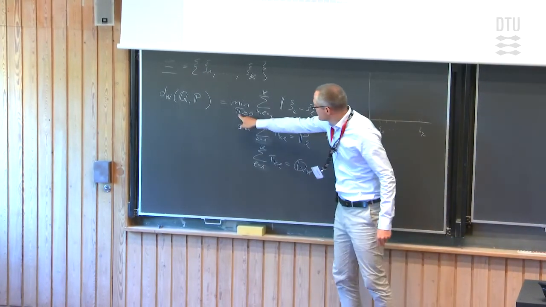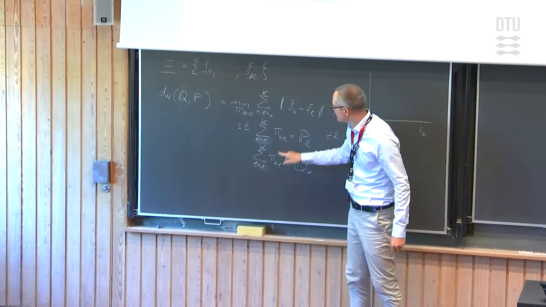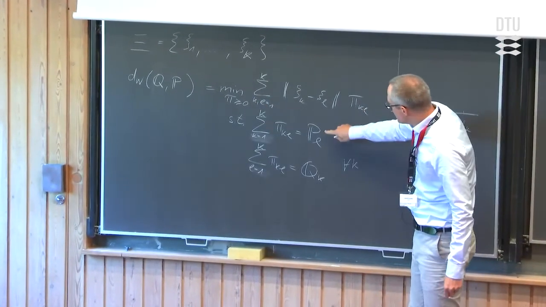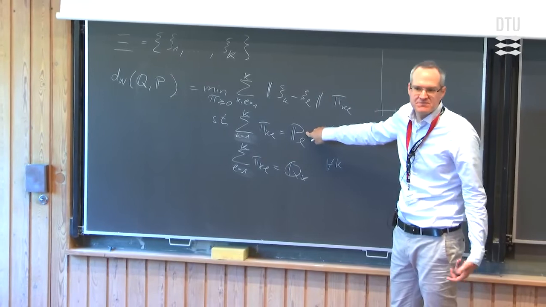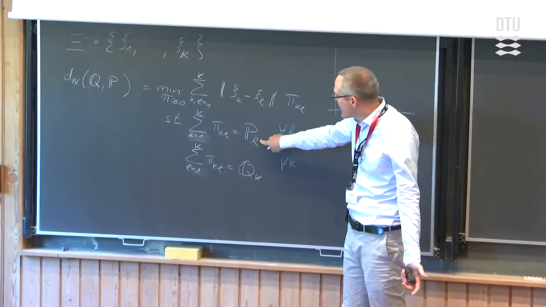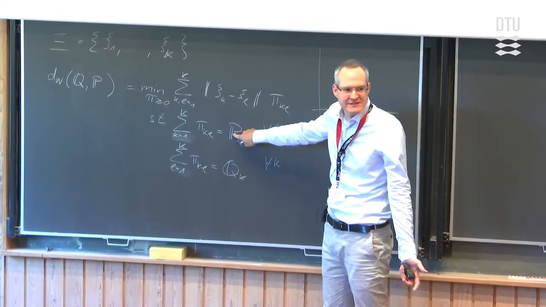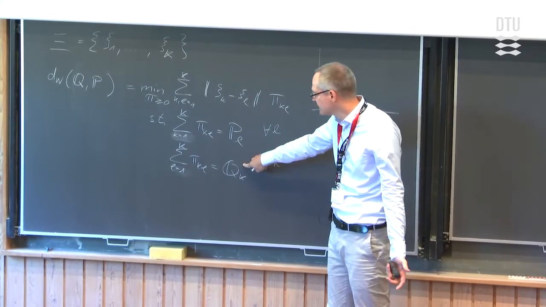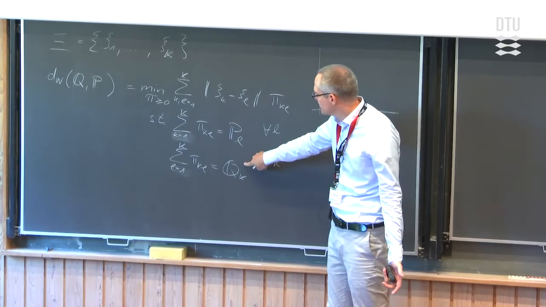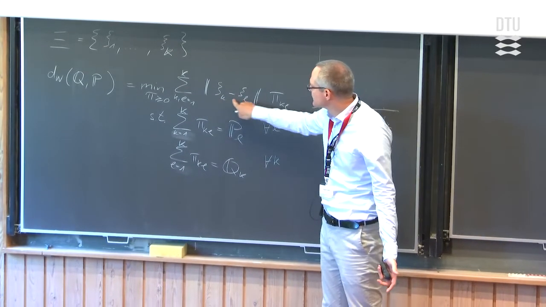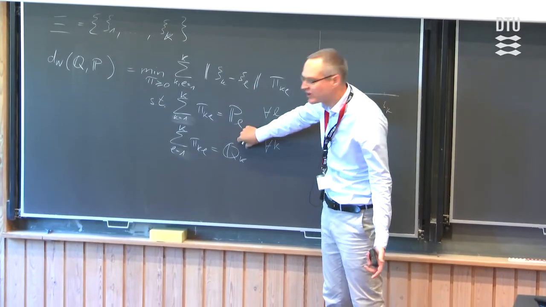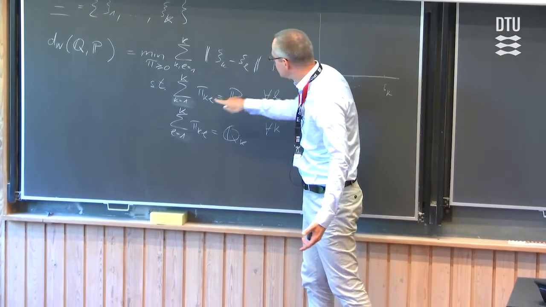So the decision variables here are the matrix pi with entries pi kl. These are the decision variables of this linear program. PL is the probability of scenario L under the distribution P. This is given. And QK is the probability of the scenario psi k under the distribution Q. These are given. The distances between the different scenarios are also given, right? All of this is a constant, and the pi's, they're the decision variables.